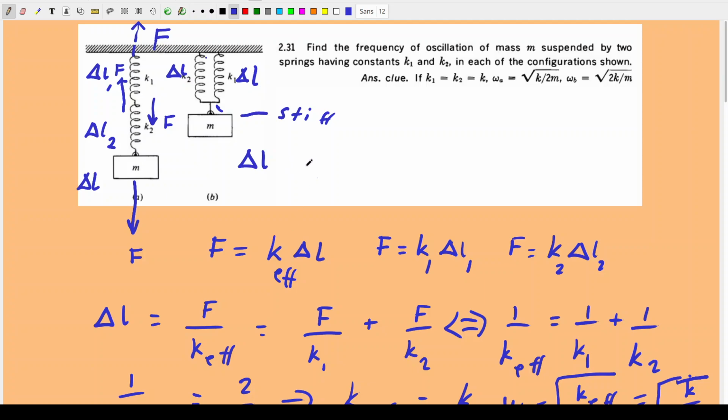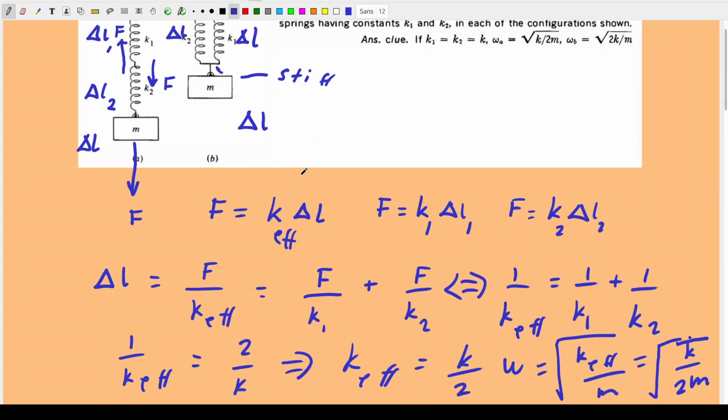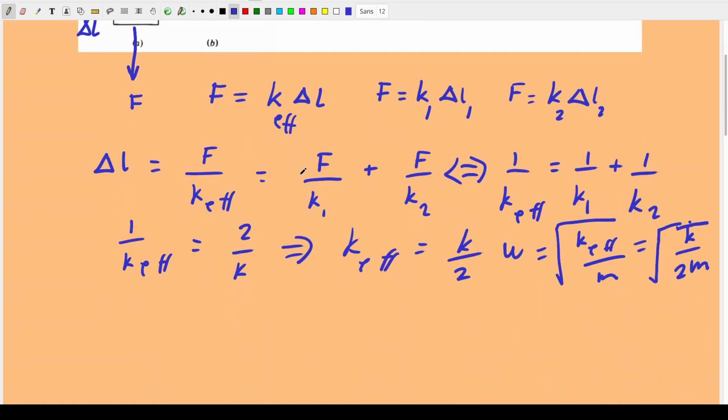So then you have again this effective delta L, but now you get this instead.